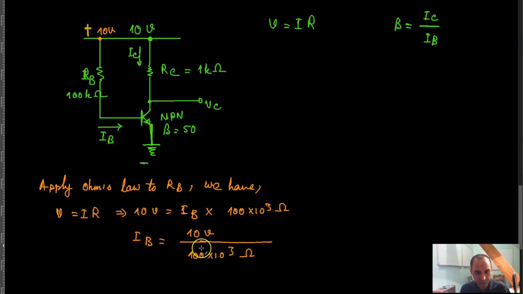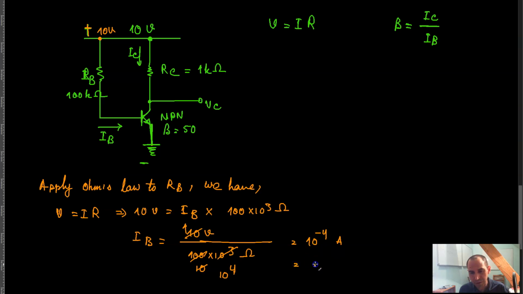So 10 by 100 is 1 to 10, which is 10 raised to the power negative 1, into 10 raised to the power negative 3, so that is 10 raised to the power negative 4 amps, which is the same thing as 0.1 milliamps.